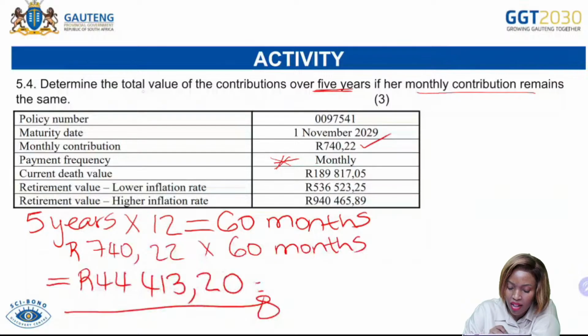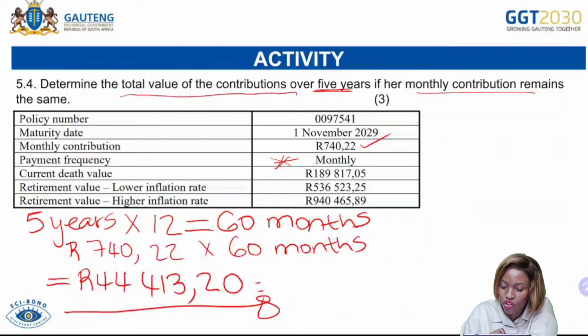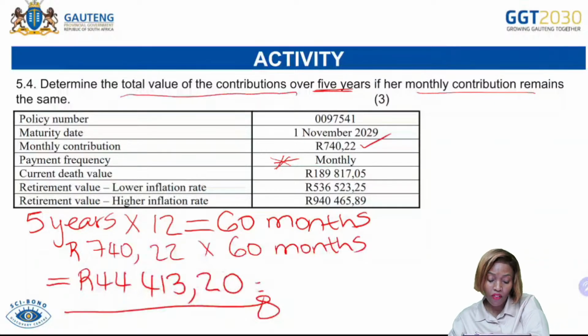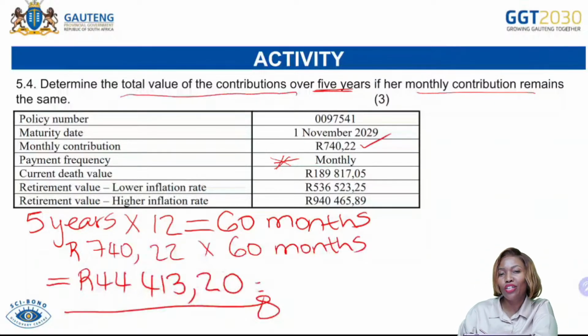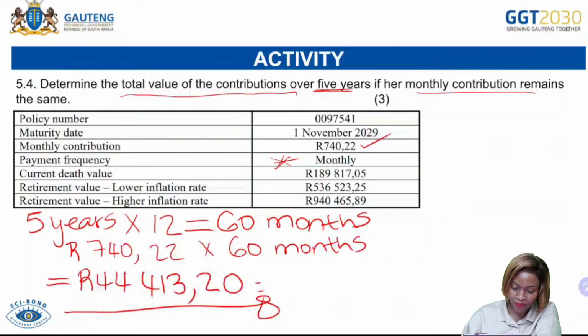So what was this? The total value of the contributions over 5 years. So over 5 years, she would have contributed 44,413 and 20 cents. I do hope that you guys are following through, because these are the possible questions you will come across in this section of banking, investments, and loans.